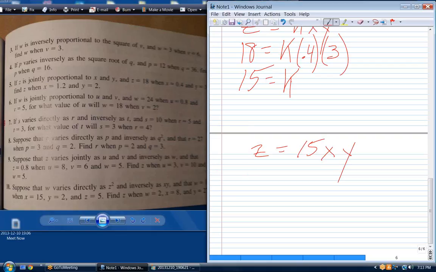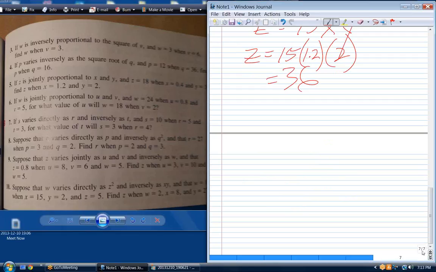Z equals 15 times 1.2 times 2. 30 times 1.2, which is... Z equals 36. Okay, so the only real tough part of these is writing the first general equation. Yeah, that's what I have the most trouble with. Okay, so let's do 6. Just do it one at a time.